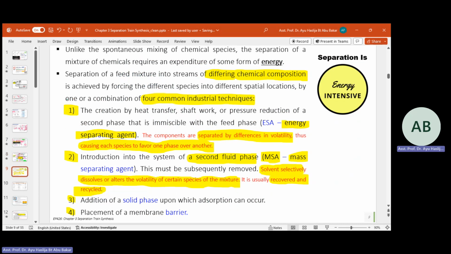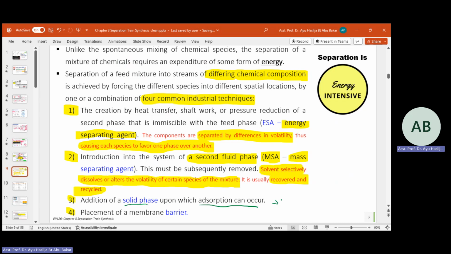The third method is the addition of a solid phase upon which adsorption can occur. So here you add a solid phase so that the separation occurs in an adsorption process.